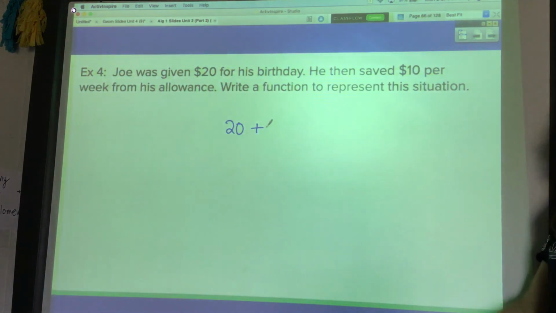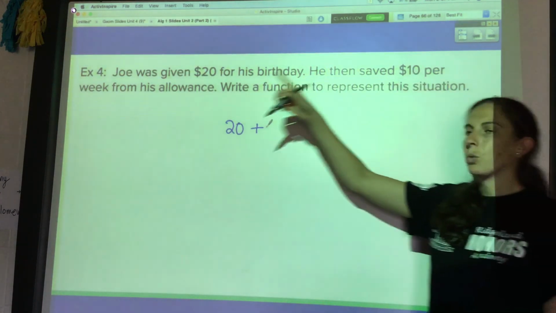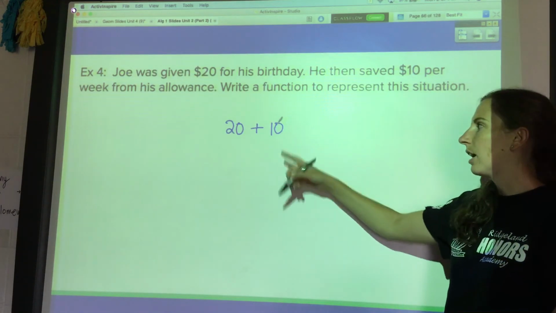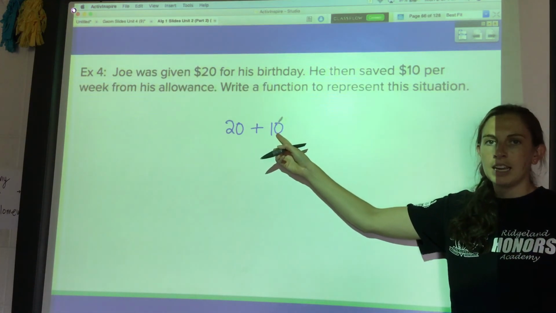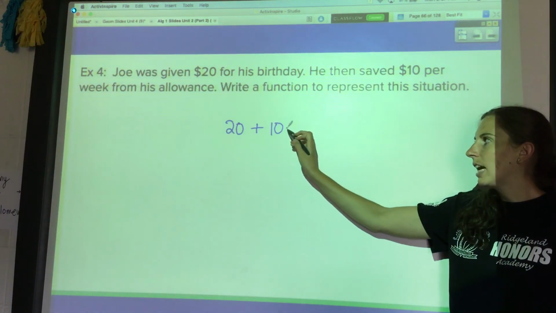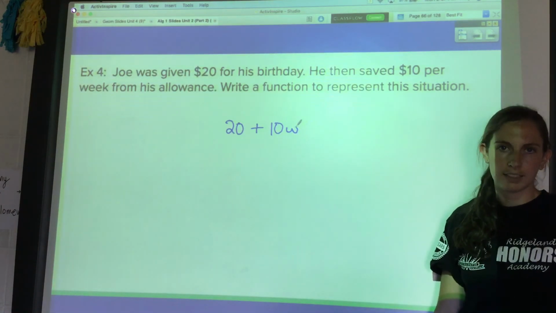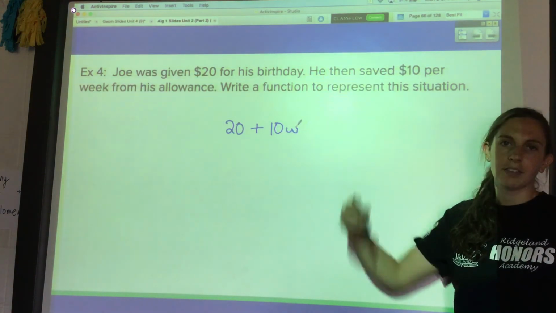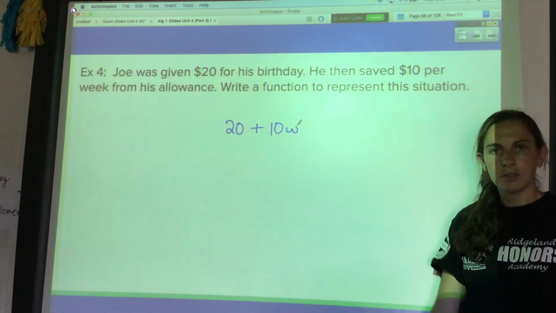And then you save $10 per week. So $10 depends on the week. He'll have 10 the first week, and then 20, and then 30, and then 40. So you multiply the 10 by however many weeks there are. Like if there were 5 weeks, you do 10 times 5. And there we go.